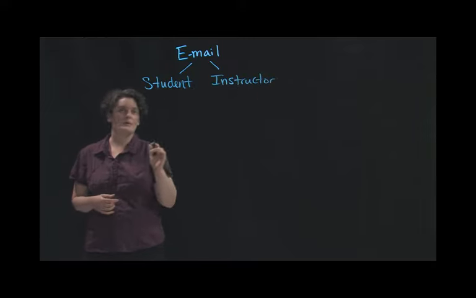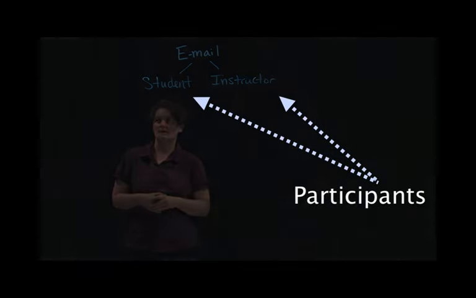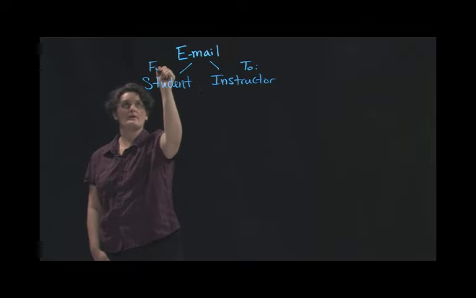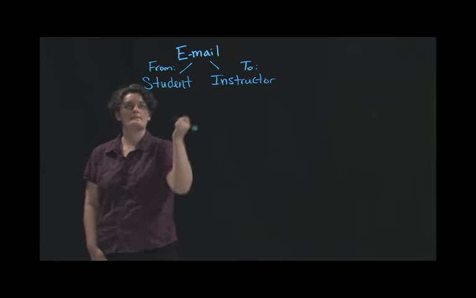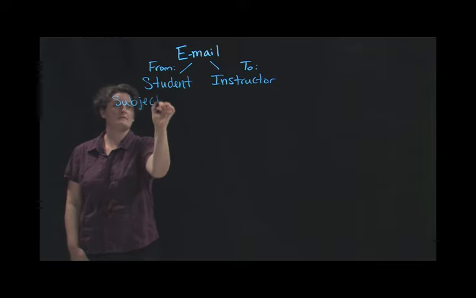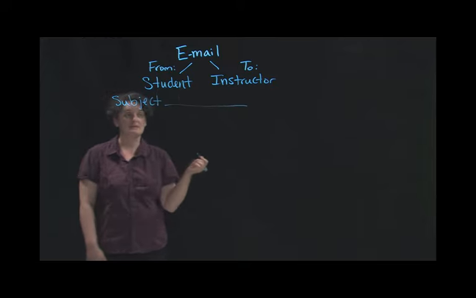So we already know the participants, the two people who are engaged in this email. This would go in the to line, and this would go in the from. Next, we would have the subject line. Let's say for our first example that the subject line has been left blank.